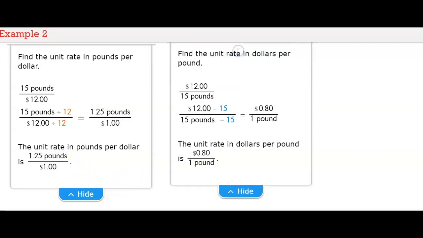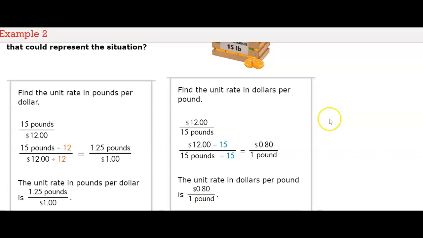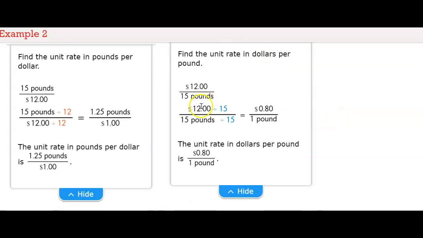Then you have dollars per pound. So this way you're finding out, you're taking the dollars and putting it on top so you can find dollars per pound instead of pounds per dollar. So we just switch them.